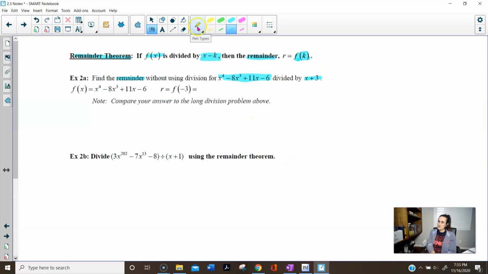So the first thing you have to do is figure out what k is. So do you notice that this form is x minus k? I gave you x plus 3, so it's not quite in the right form yet. It would be x minus -3.